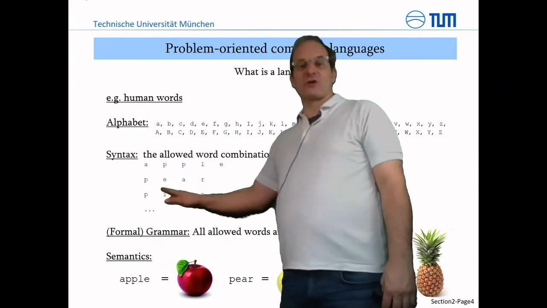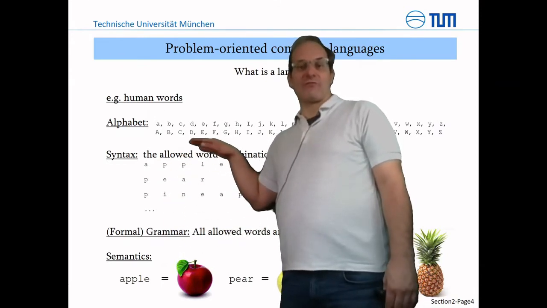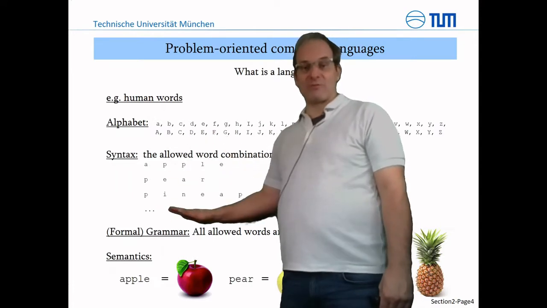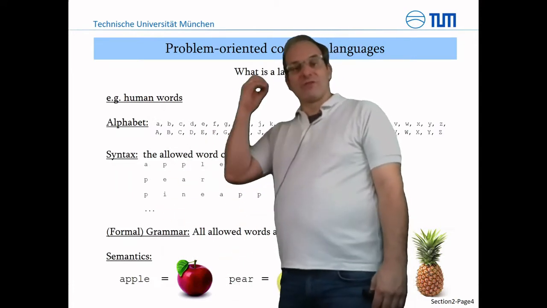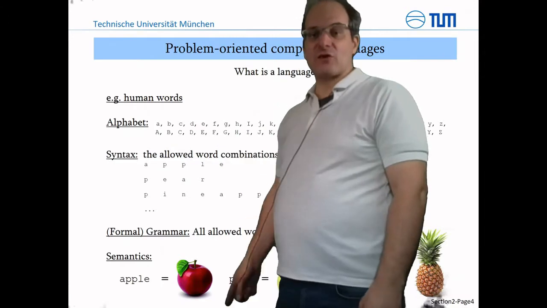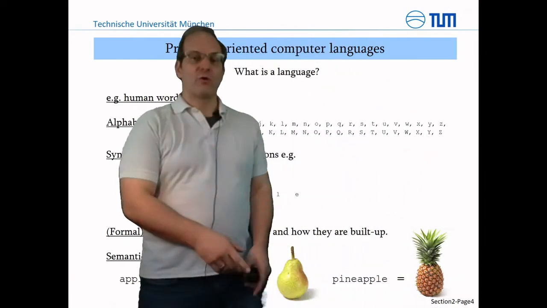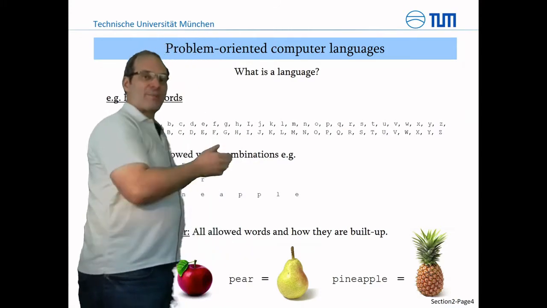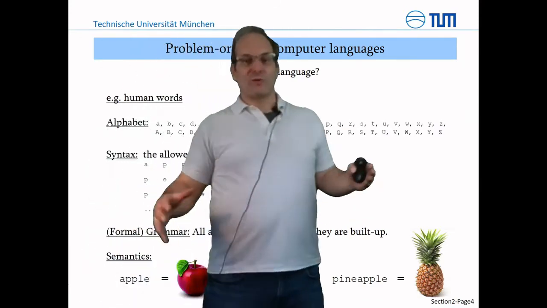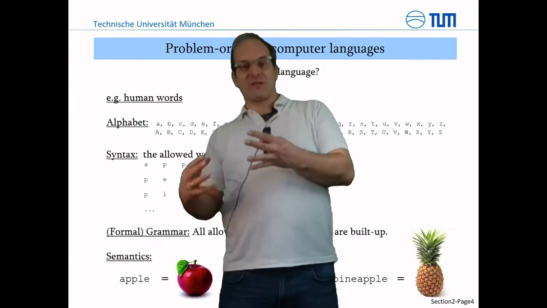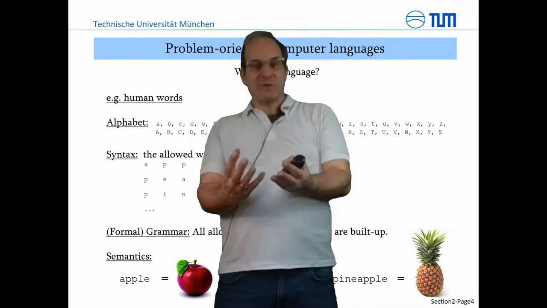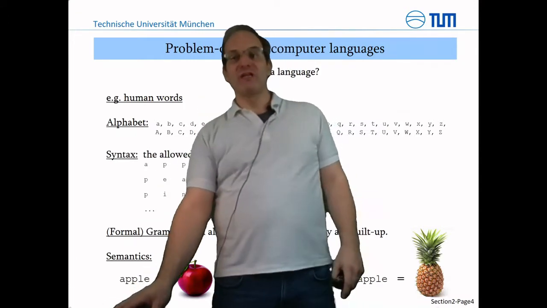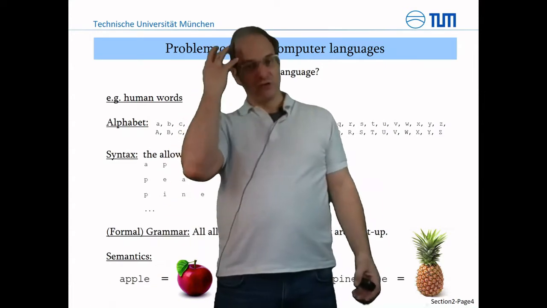So this is the correctness of words according to the grammar, and this is the correctness of the meaning, or of the interpretation, so that you see an apple or a pear or a pineapple, so that you convert the word, the pure sequence of characters, to a real image in your brain.